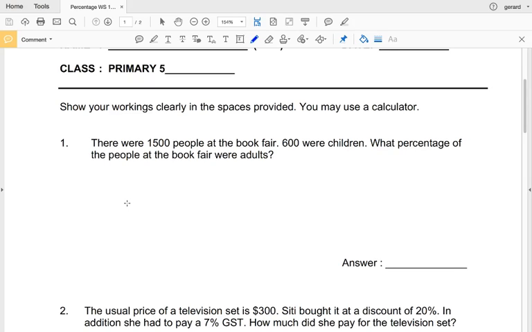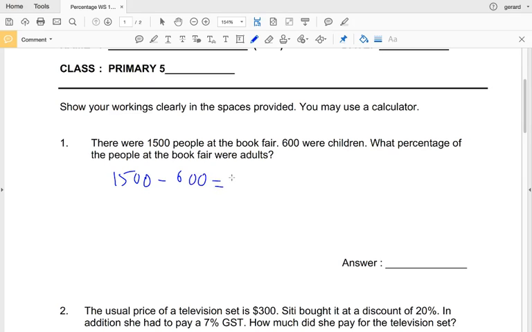Okay, so remember how we can represent percentage in terms of fractions, right? We can do it the opposite way as well. So here, if they want to find how many people at the book fair were adults, first you have to take 1,500 minus 600 to find the number of adults.